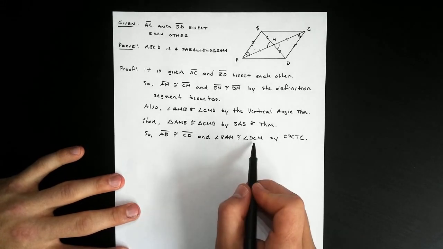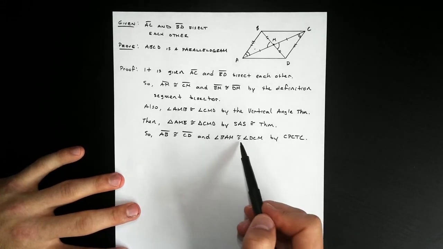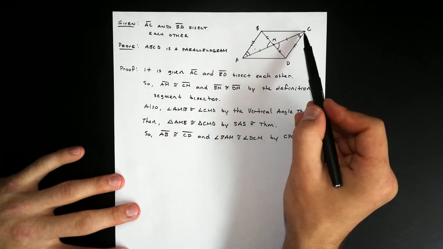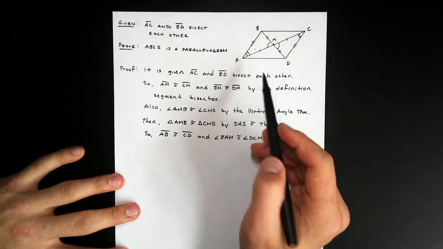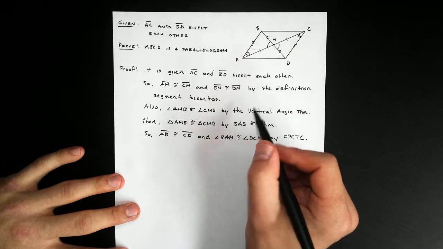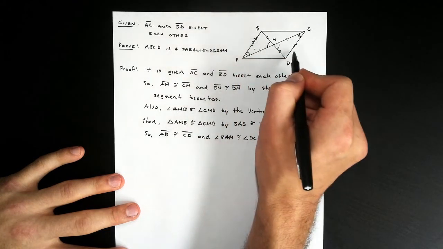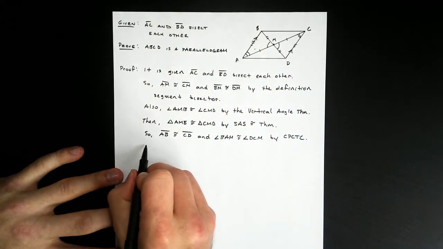The reason I wanted to look at that pair of angles is because those two angles that I picked out are alternate interior angles using AC as the transversal. So if those alternate interior angles are congruent, we know that these two sides have to be parallel to each other.